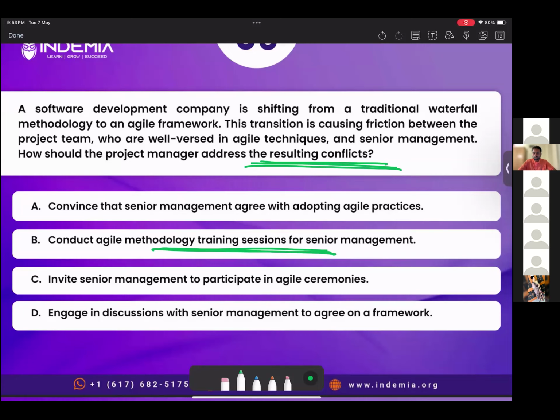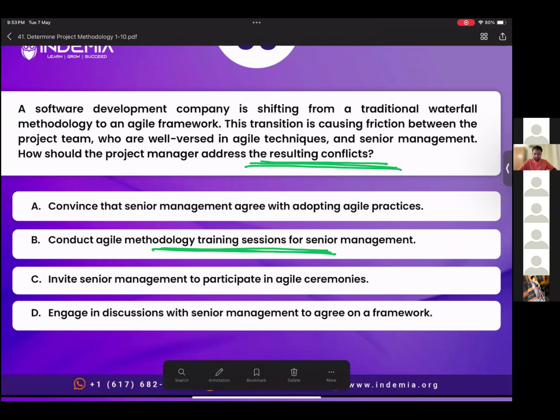So there is a friction, whatever the reason is, right? So you need to talk to them. You organize trainings, you coach them where there is a misunderstanding or lack of knowledge about Agile or Waterfall or whatever methodology is being discussed. Correct answer is option D. You need to talk to stakeholders, engage in discussion with senior management to agree on a framework. B is not correct because there is no learning gap or knowledge gap mentioned in the statement.